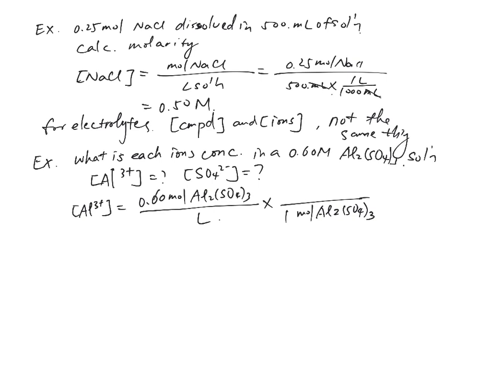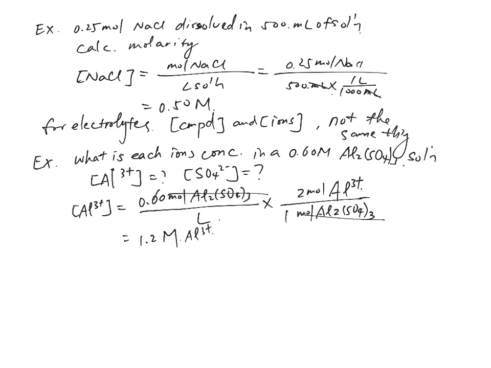Each 1 mole of aluminum sulfate contains 2 moles of aluminum ion. So moles cancel, you get 1.2 moles per liter. Use molar to represent it.